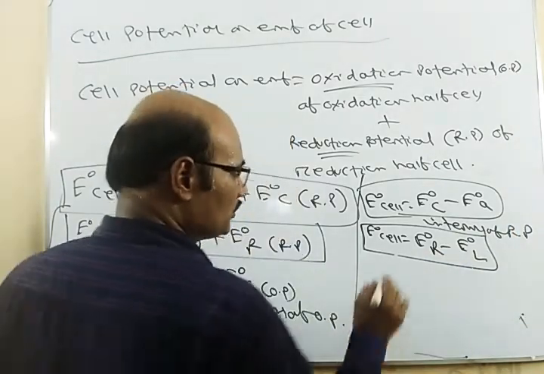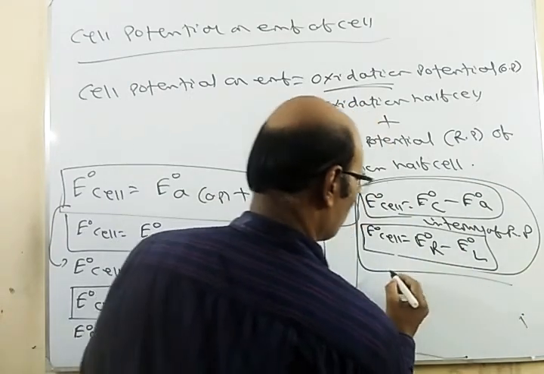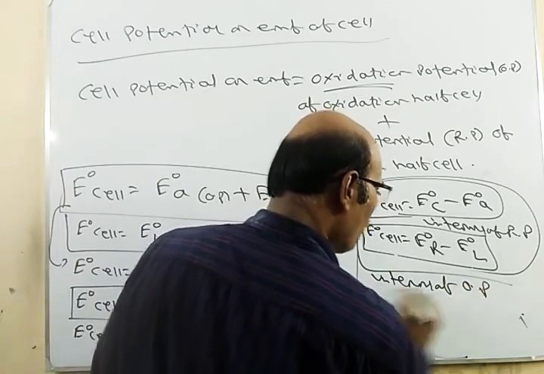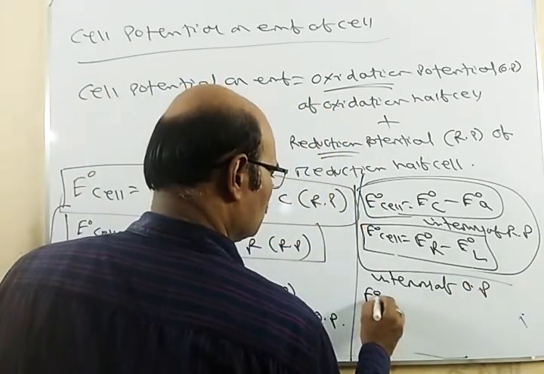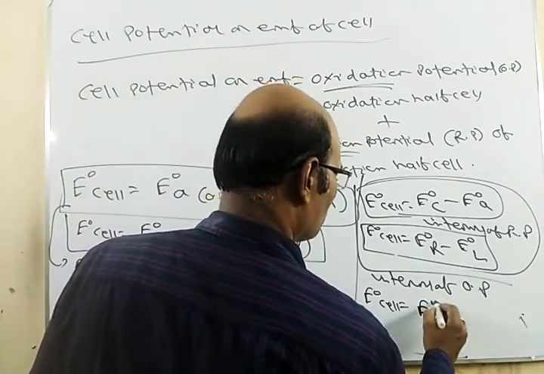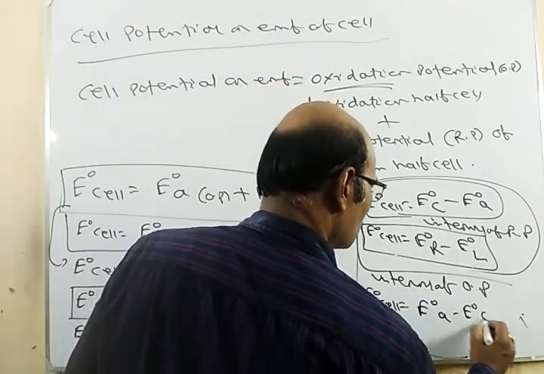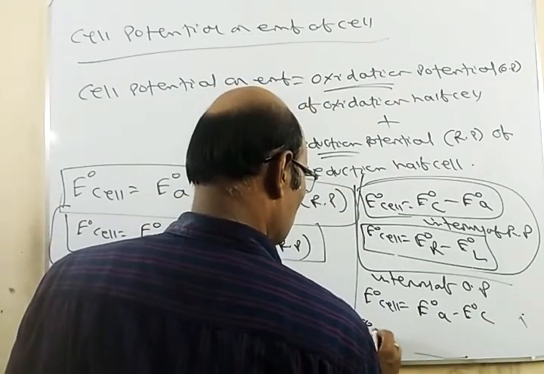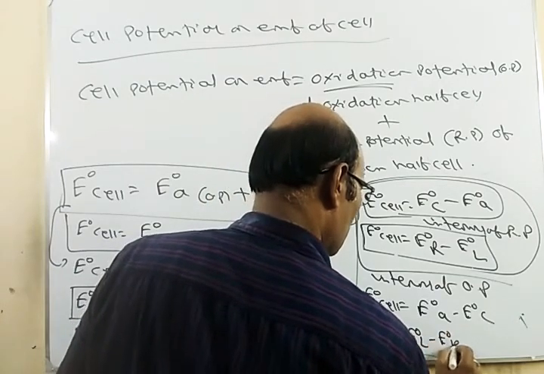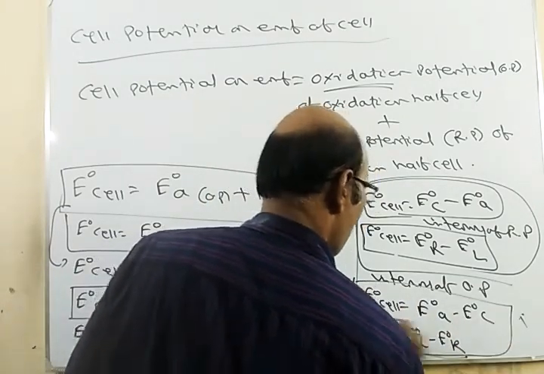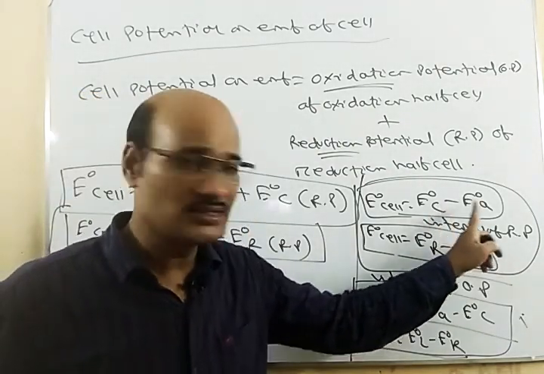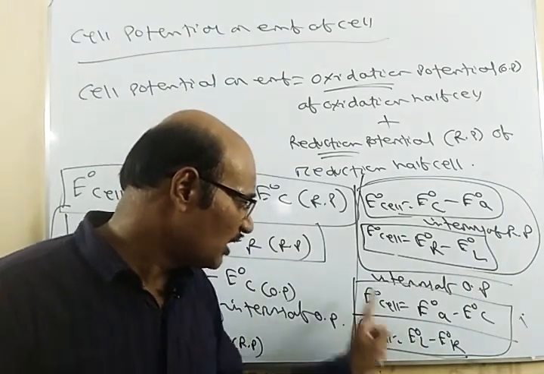In terms of oxidation potential, E naught cell is equal to E naught anode minus E naught cathode, or you can say left minus right. So in terms of RP, cathode minus anode; in terms of OP, anode minus cathode.